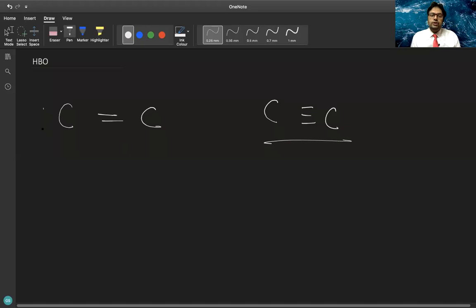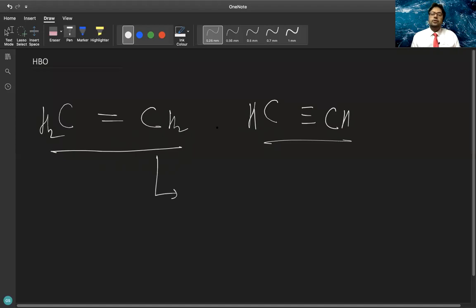So this is unsaturation. I'm not putting H initially, but let me do it for you. Whenever we see that this is a double bonded structure, C double bond C, your mind should be focused that this reaction will give us electrophilic addition predominantly.